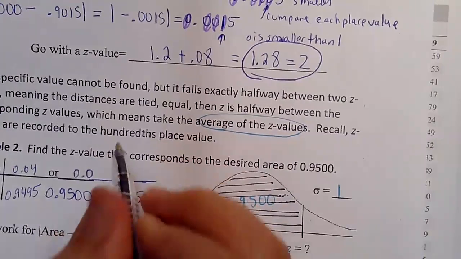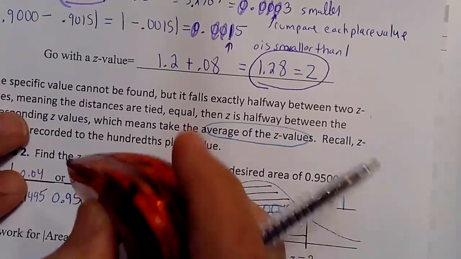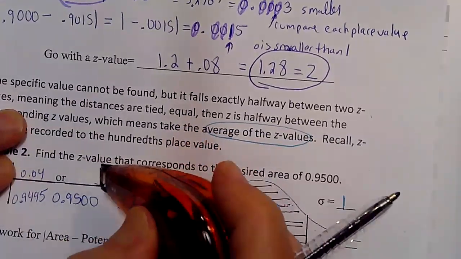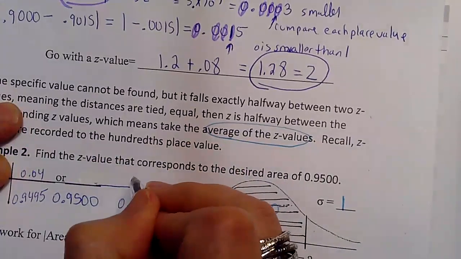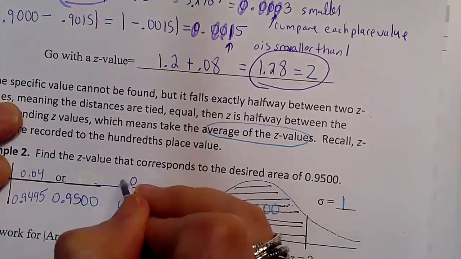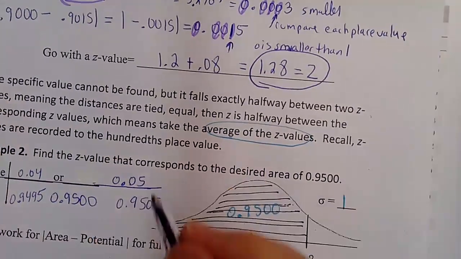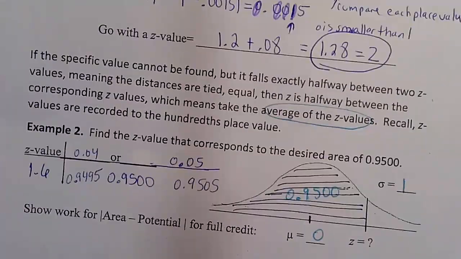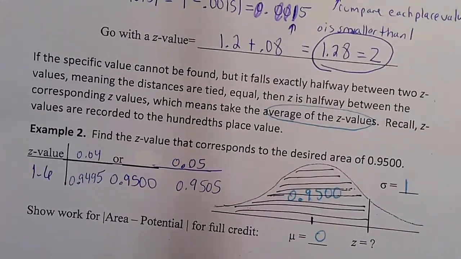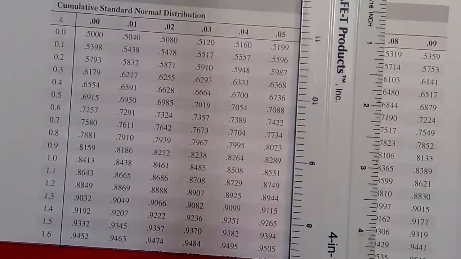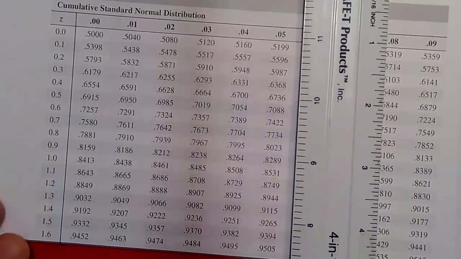Oops, let me scoot this down. Okay, is that right? I hope you agree with that. We're saying that 0.95 would fall in between these two areas, so I grab that part of the Z in both of these.